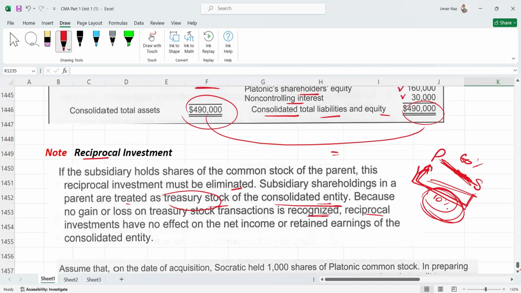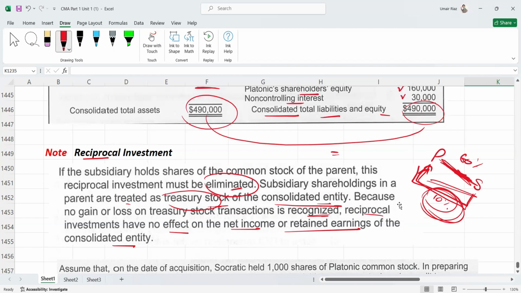So reciprocal investment has no effect on net income or retained earnings of the consolidated entity. So simply, reciprocal investment must be eliminated. How to eliminate is not required, but just remember if reciprocal investment is there, it will be eliminated. Understood, guys? I hope it is clear.